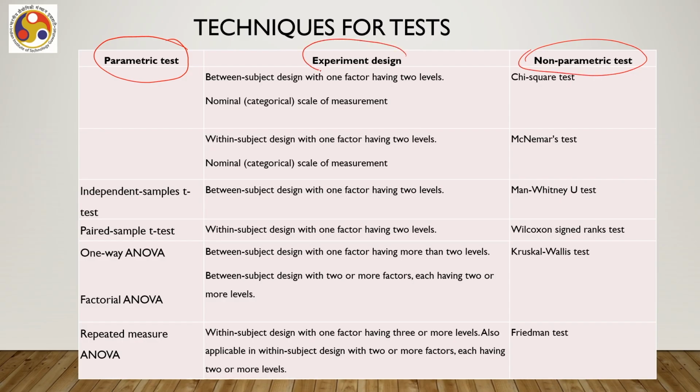Now, if we have an experiment design as a between subject design with one factor having two levels, and nominal or categorical scale of measurement, then we need to go for a non-parametric test known as chi-square test.